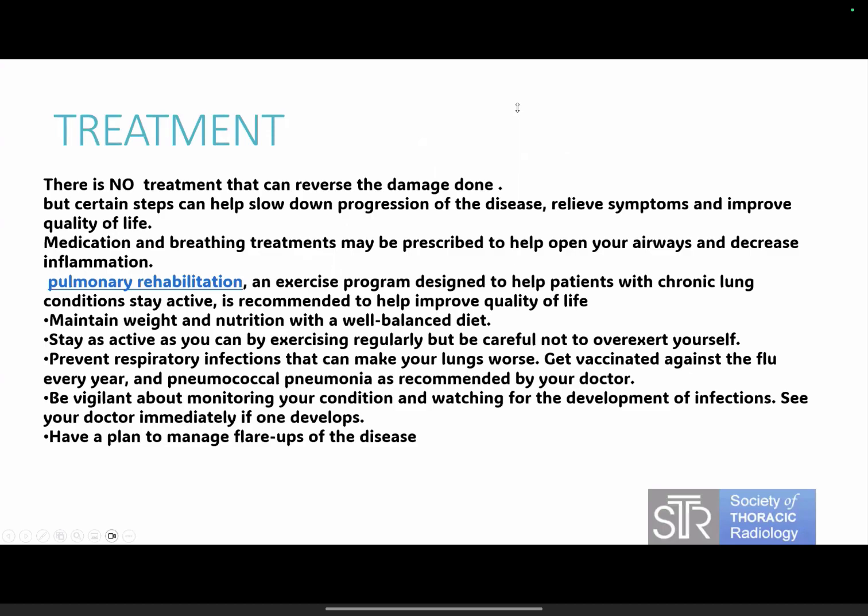Again, no treatment is known to reverse the damage. As you noted, there was that coal worker who had bilateral lung transplants. I think that's really the only treatment that will help the patient completely resolve the disease, but usually it's no treatment.